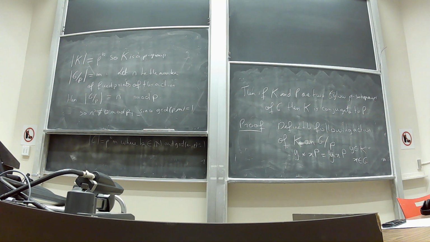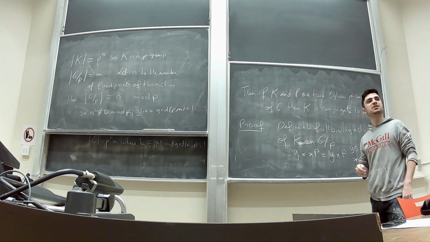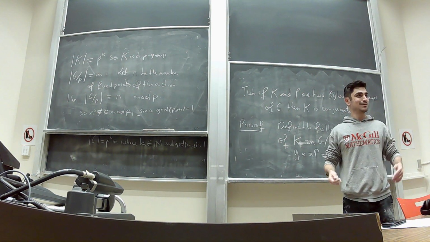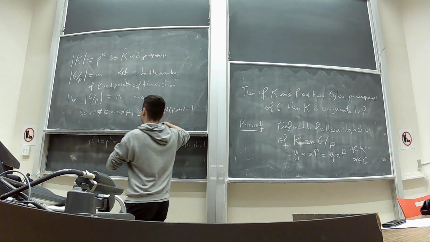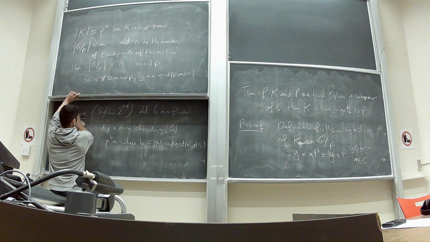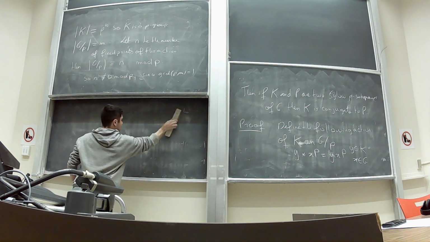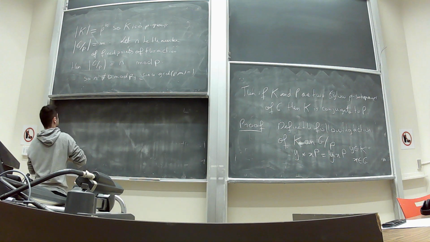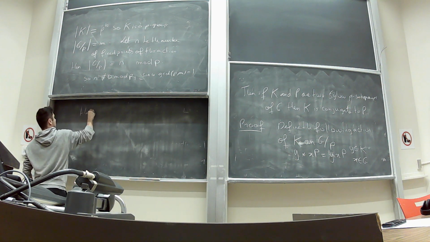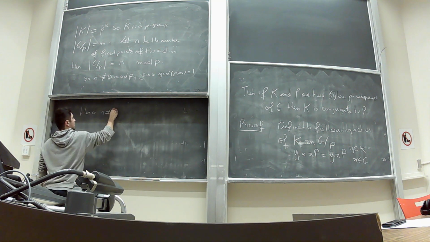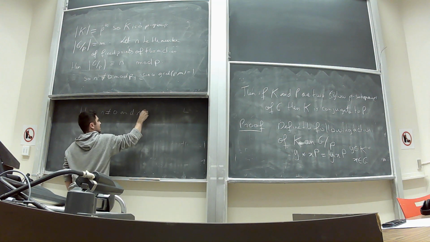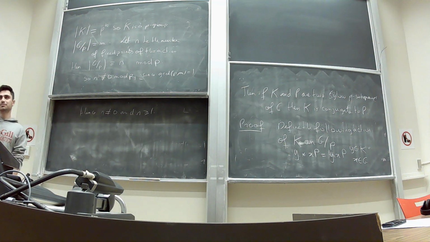Now, if n is not congruent to 0 mod P, can n be 0? No. Hence n is not 0, and n is at least 1.